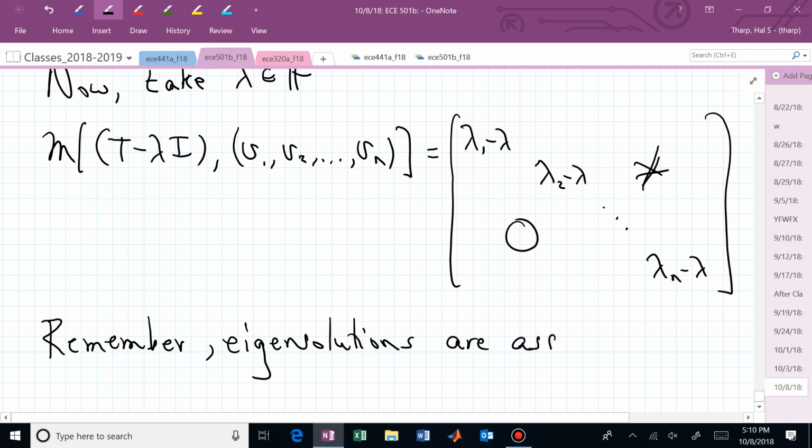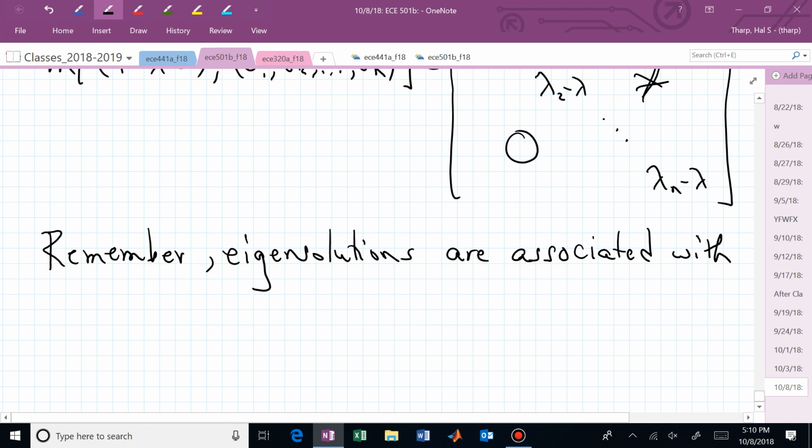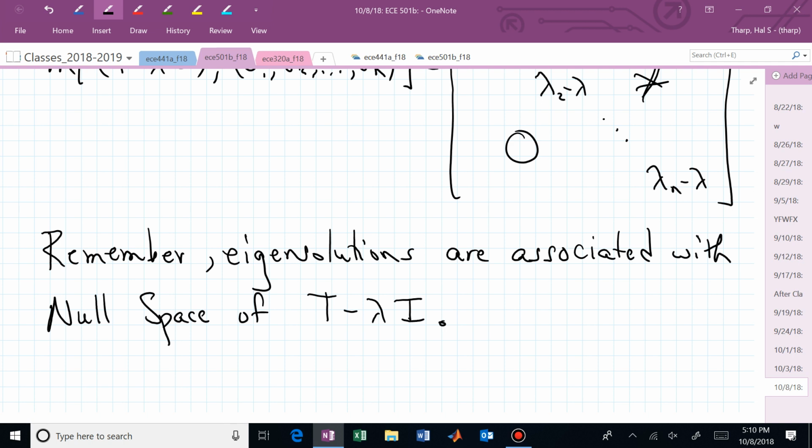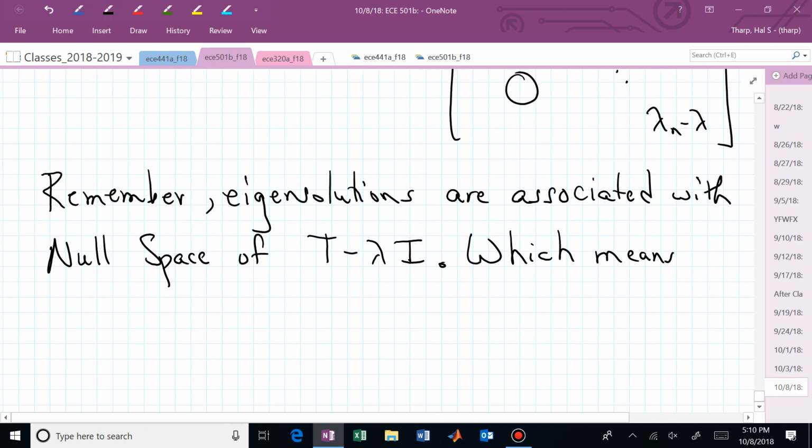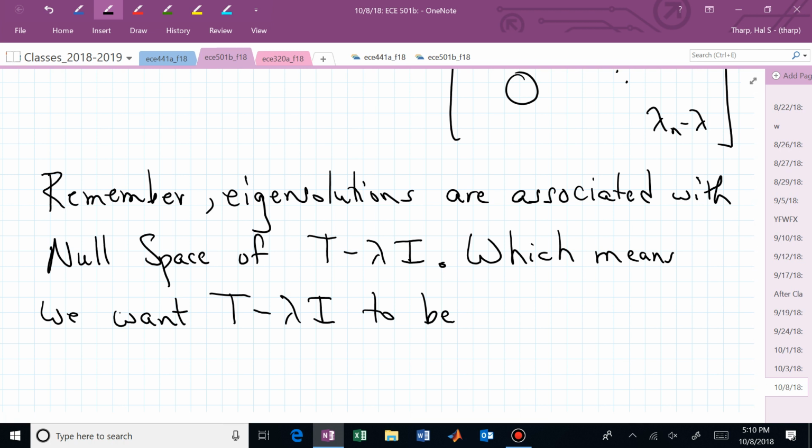Eigensolutions are associated with the null space of T minus lambda I. So for our eigenvectors, they need to be in the null space of T minus lambda I, which means we want T minus lambda I to be non-injective if we want it to have a non-trivial null space.